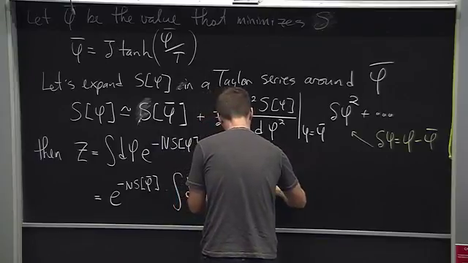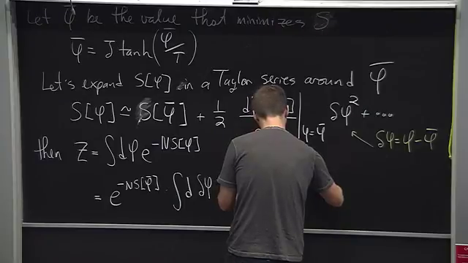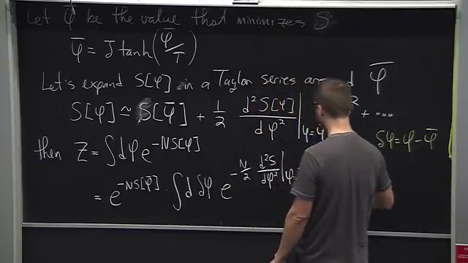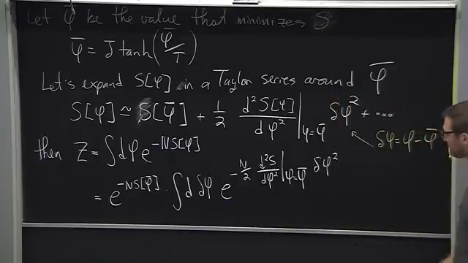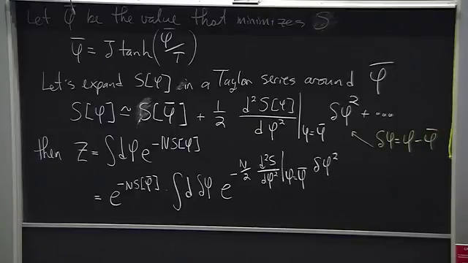Second derivative of S at phi bar, delta phi squared. There, that's just a Gaussian. So this can be solved with Gaussian integration.